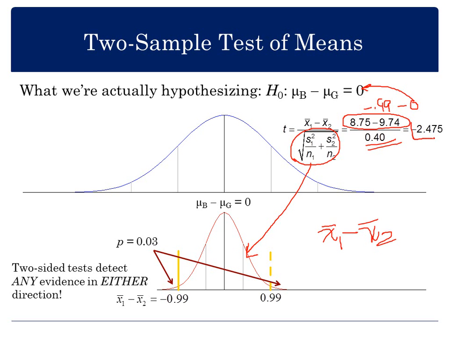But regardless, our test statistic is negative 2.475. Does everyone remember the interpretation of that? The actual observed difference in sample means is 2.475 standard deviations below what I expected, given I hypothesized that it was centered at 0 here, that the true mean difference is 0.